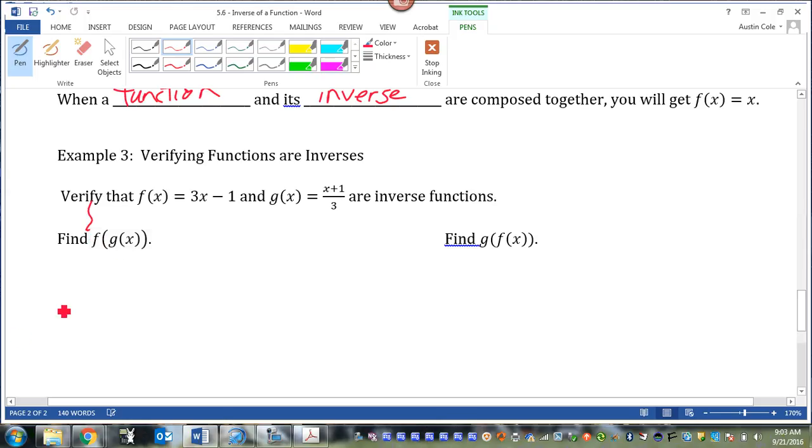So we have f of g of x. What am I plugging into f of x? What's my inside function? g of x, which is x plus 1 over 3. We're plugging in x plus 1 over 3 for x: 3 times x plus 1 over 3, minus 1.